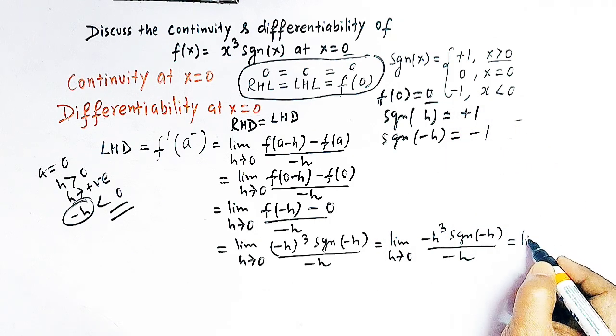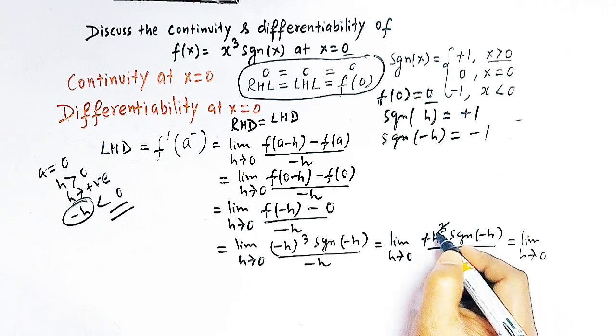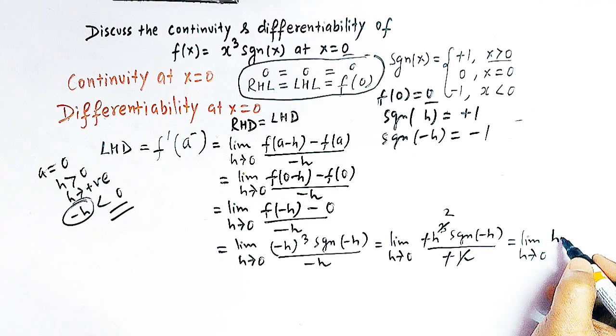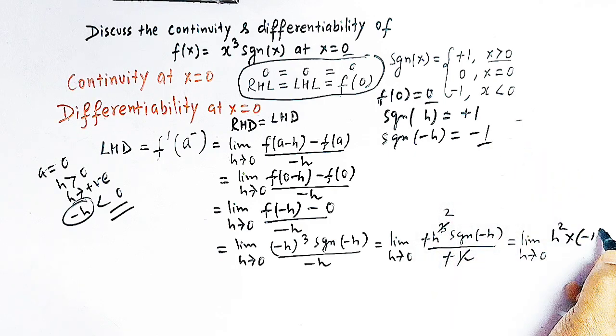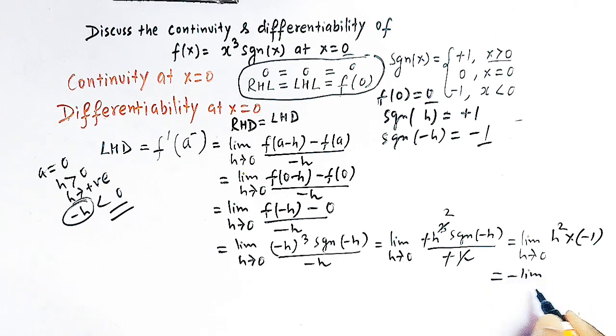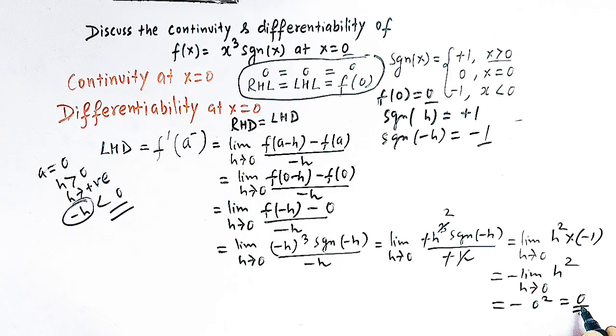So now we have limit h tends to 0, and minus and minus get cancelled, and we have h square times signum of minus h, which is equal to minus 1. So we have minus limit h tends to 0, h square, and taking h equal to 0, this limit is equal to 0. So the left hand derivative of this function at x equal to 0 is equal to 0.